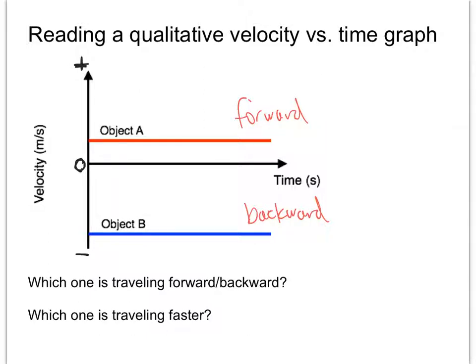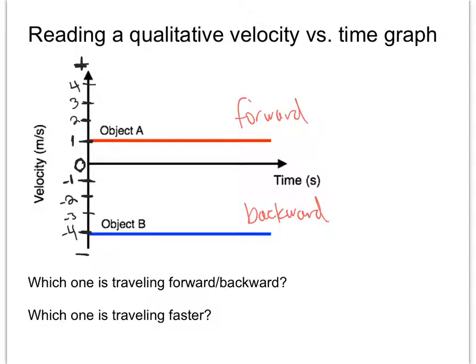The other way to notice this is to imagine numbers on your axis. So here is 1, 2, 3, and 4. And I'm going to put numbers below: -1, -2 meters per second, -3 meters per second, and -4 meters per second.